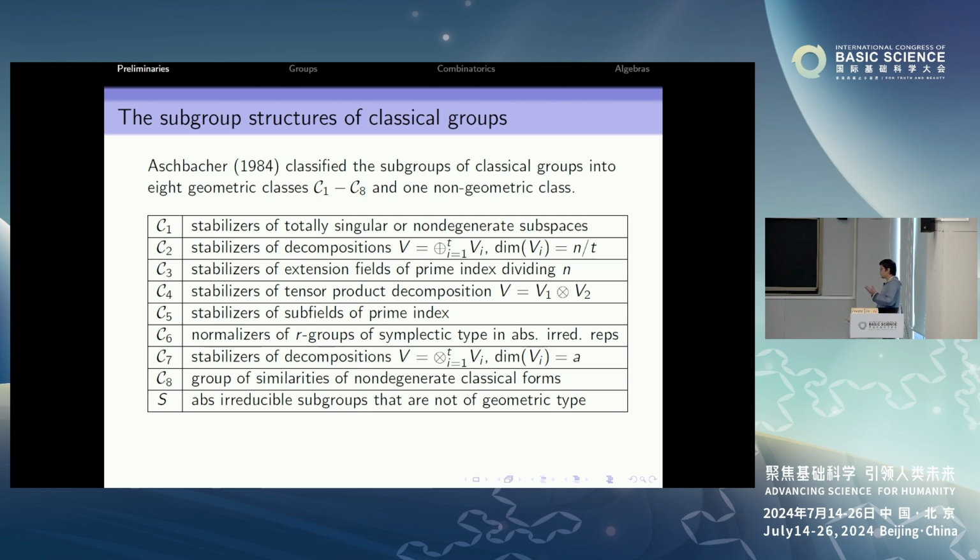Basically, you throw the ones that do not fit into the first 8 classes into a trash bin, which we call class S. So C1 to C8 are called geometric classes because they are defined in a geometric way. For instance, the first is the stabilizers of subspaces. Second is the stabilizer of a certain subspace direct sum decomposition.